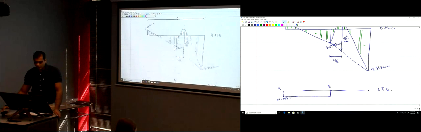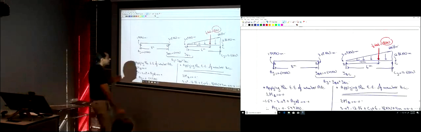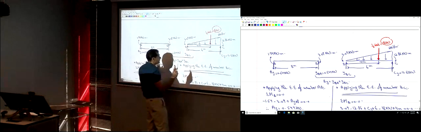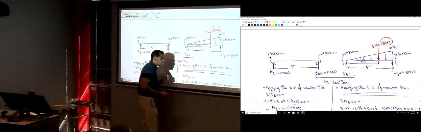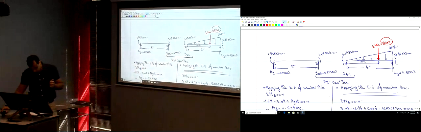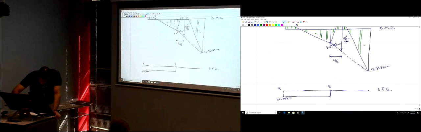And then I'm going to start drawing the shear force diagram for the other member. You start from 0 again. You're going to go up with YBC. How much is YBC? 4.37. So I'm just going to go up from 0 here, 4.37.